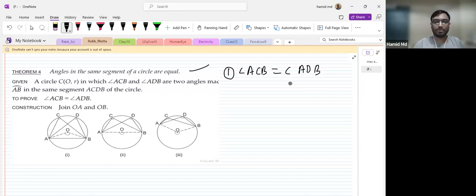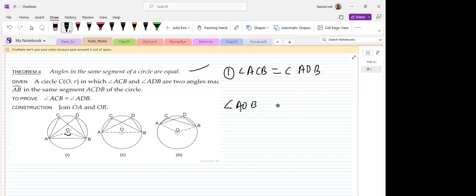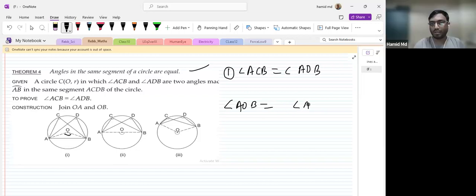We have to prove it. So how will we proceed? We will say that angle AOB will be twice angle ACB.